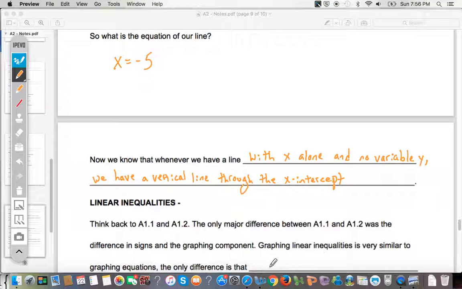So for levels 1 and levels 2, that's pretty much it for linear equations. Let's move on to linear inequalities.